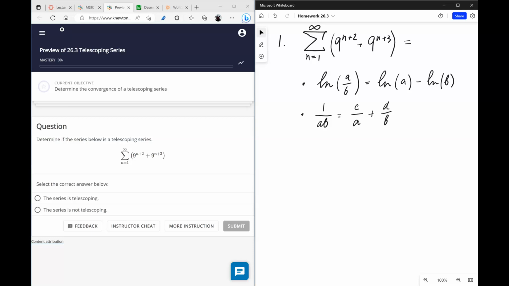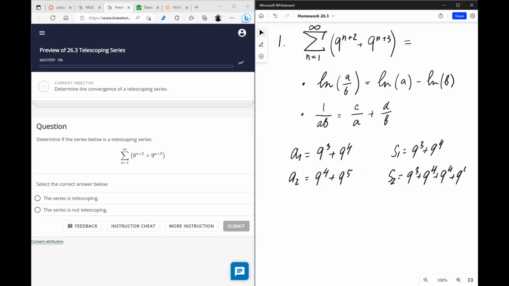I guess we can try to write it out, right? So the first term is 9 cubed plus 9 to the 4. The second term is 9 to the 4 plus 9 to the 5th. So S1 is 9 cubed plus 9 to the 4, and S2 is 9 cubed plus 9 to the 4 plus 9 to the 4 plus 9 to the 5.